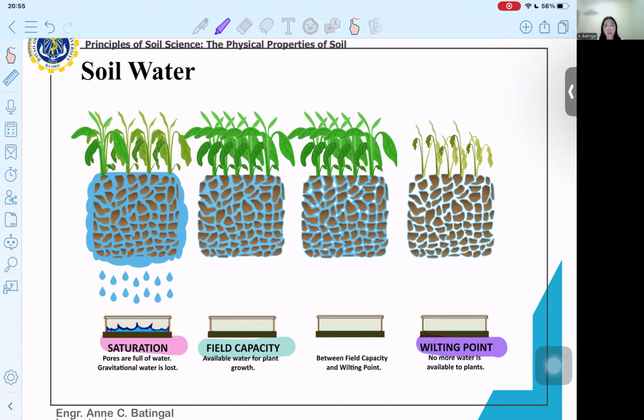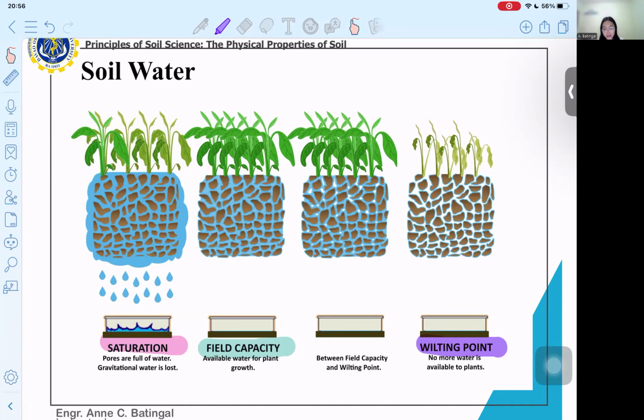As time goes on, without adding more water, your water is taken up by your plants and some of it is evaporated. There will come a time when the uptake of water is not sufficient to meet the needs of your plants, so there is not enough water present in your soil. As you can see in the illustration, the blue indicates water and the white indicates air. There's more air now than water.